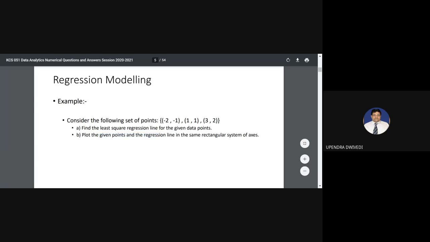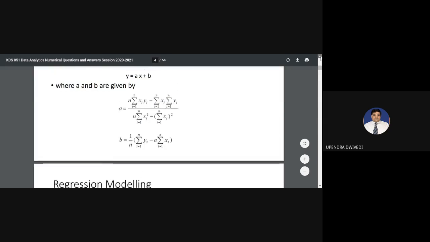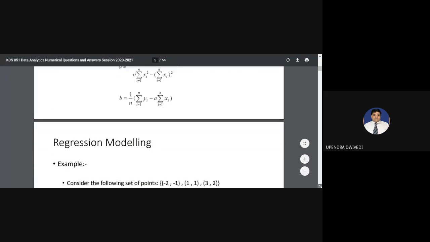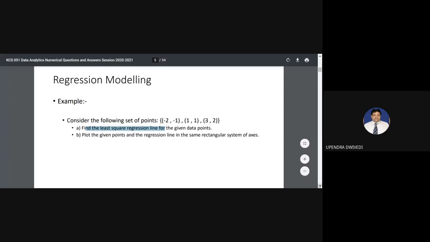We basically have to find the least square regression line for the given data points. You can see that we have the values of x and y. We have to find a and b. If we get a and b from these equations, we'll get the equation y equal to ax plus b.